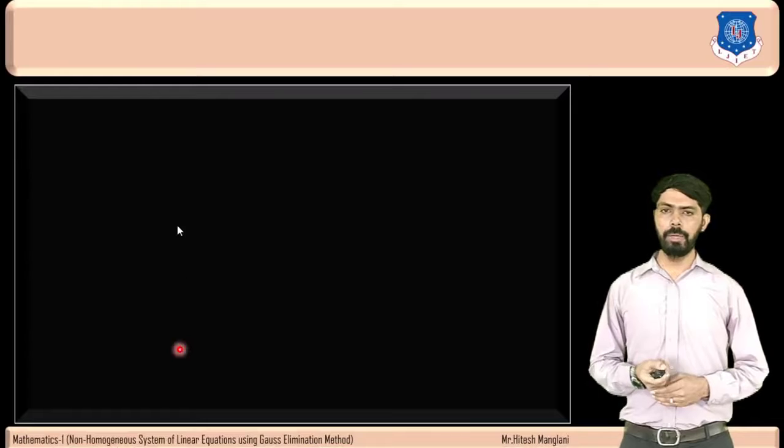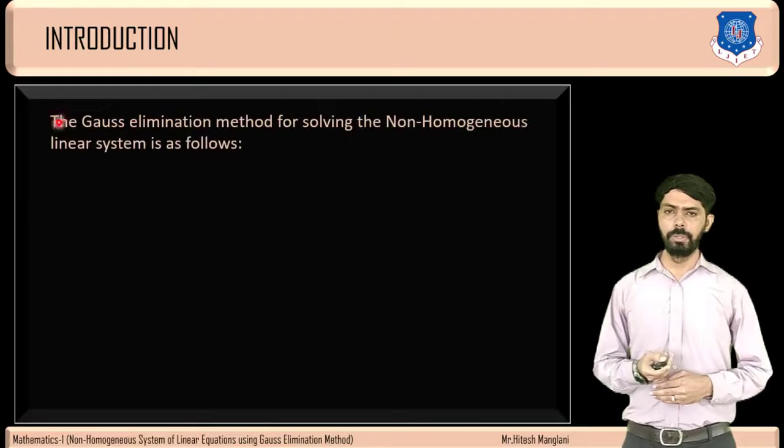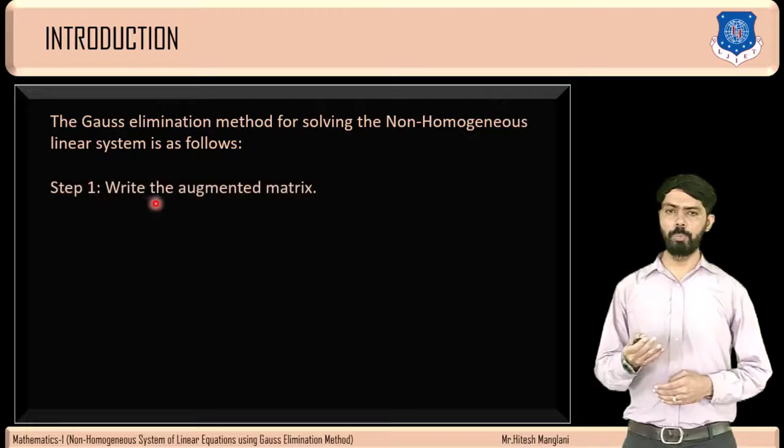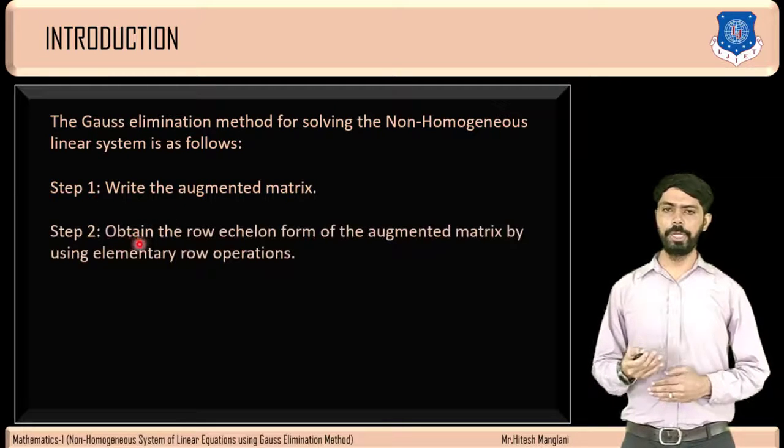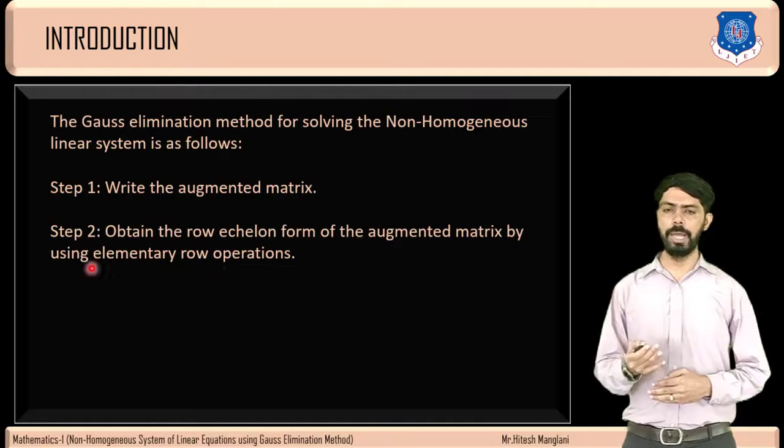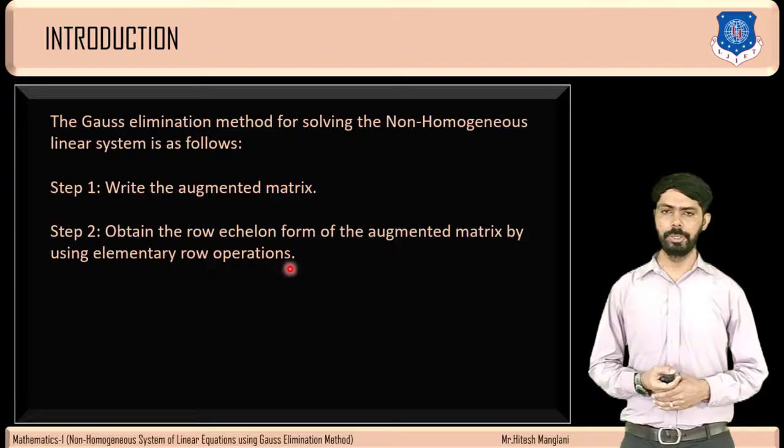Now how to apply Gauss elimination method? The Gauss elimination method for solving the non-homogeneous linear system is as follows. First step, we will write the augmented matrix. Second step, obtain the row echelon form of the augmented matrix by using elementary row operations.